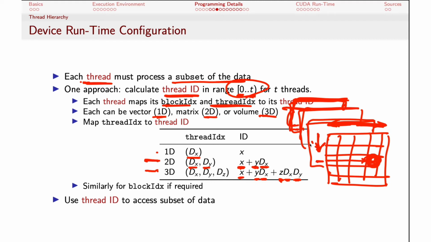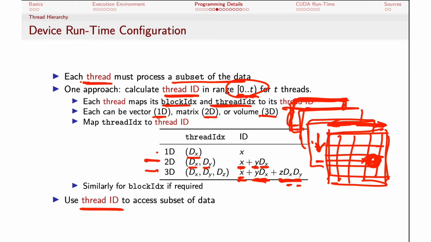And that would be exactly z times the two dimensions of each plane. Now we're on this plane, which is the one of interest, and we're going to skip over that many rows and then skip across to that particular column. That's going to allow us to determine a unique index that gives our thread ID in this range from 0 to the number of threads.